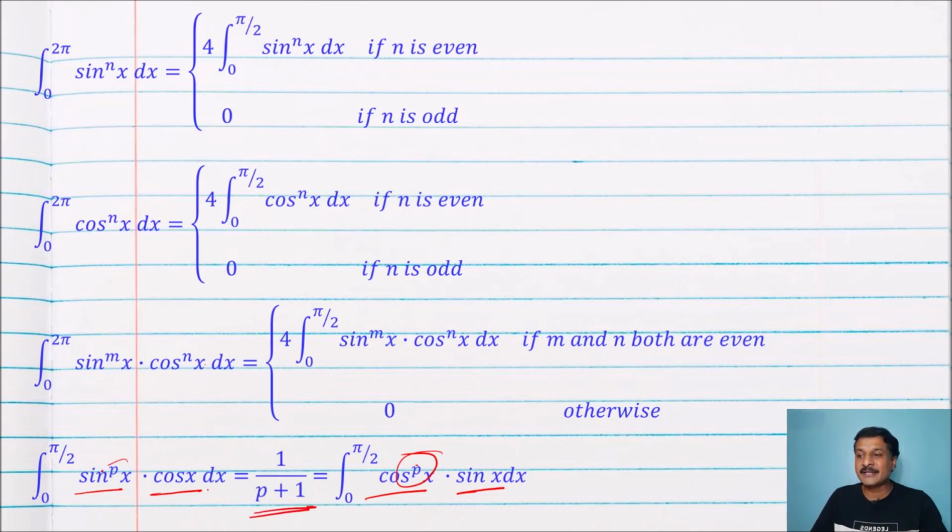Here the power is p, so the result is 1 upon p plus 1. When we are solving examples, we have to use the direct result. So you must remember all these properties of the definite integral, as well as the reduction formulas for sine, cos and the multiplication of sine and cos.